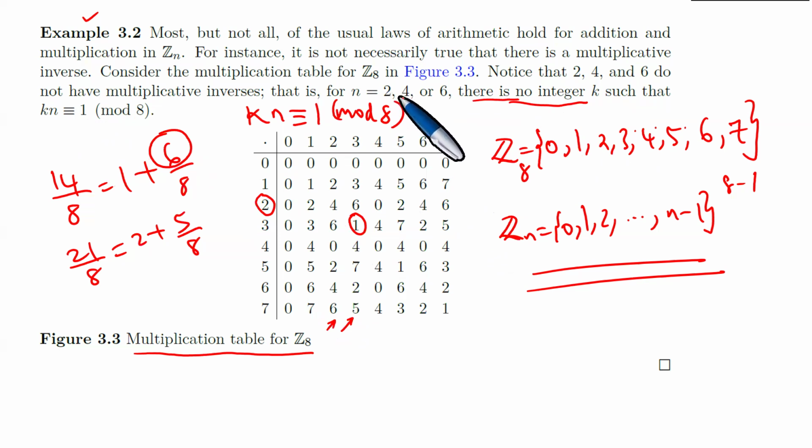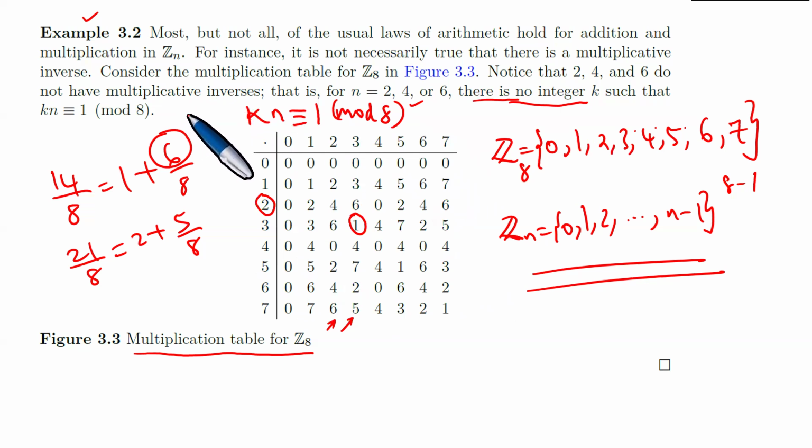But the book just spoke about 2, and also 4. Because for 4, we multiply all of them, like 4 by 0, 4 by 1, 4 by 2, 4 by 3, up to 4 by 7, but we do not get a 1. And therefore, it means that 4 has no multiplicative inverse, right?